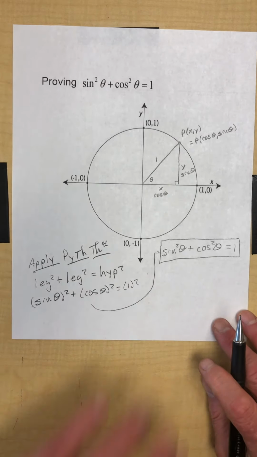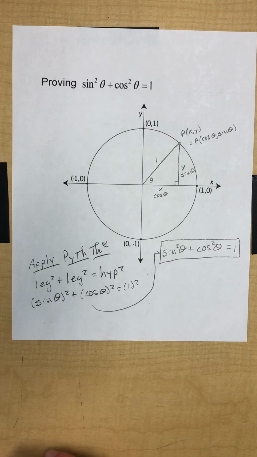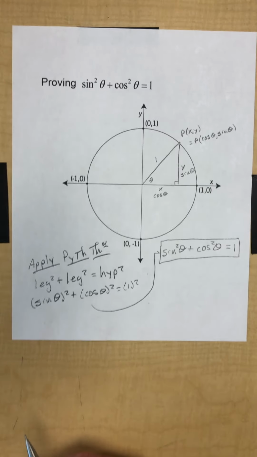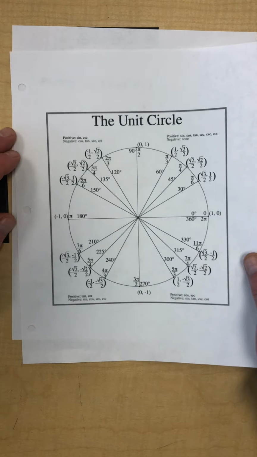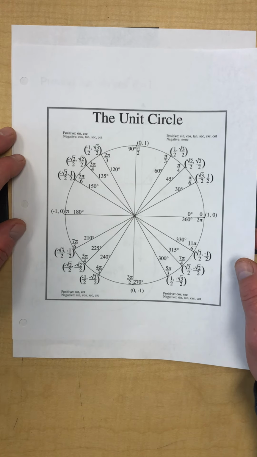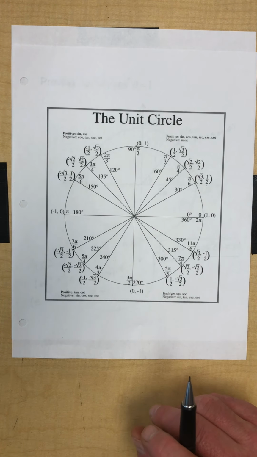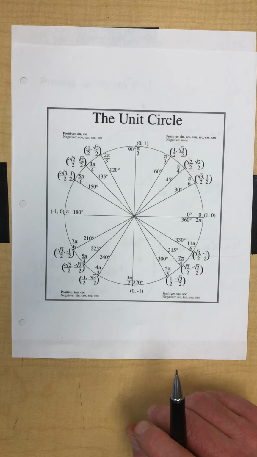You have your sine squared plus cosine squared equal to 1. It's going to happen 100% of the time. You could even go back to the unit circle and verify that that's going to happen. You could pick anywhere you want to go. It doesn't make any difference.